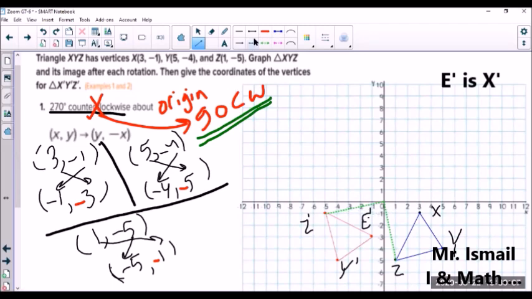This is the 90. You see the 90? This is the 90. I rotate Z.